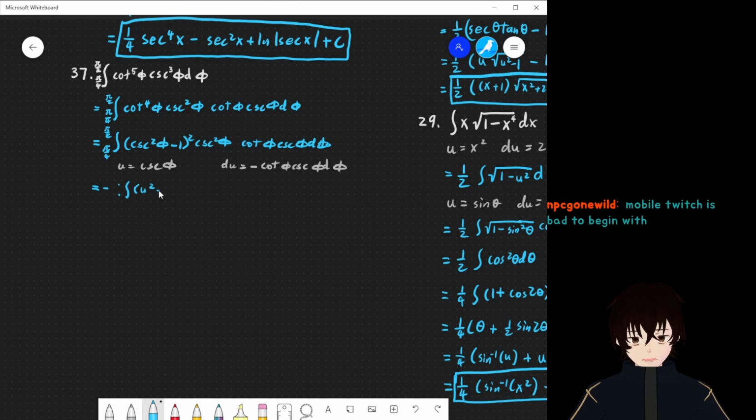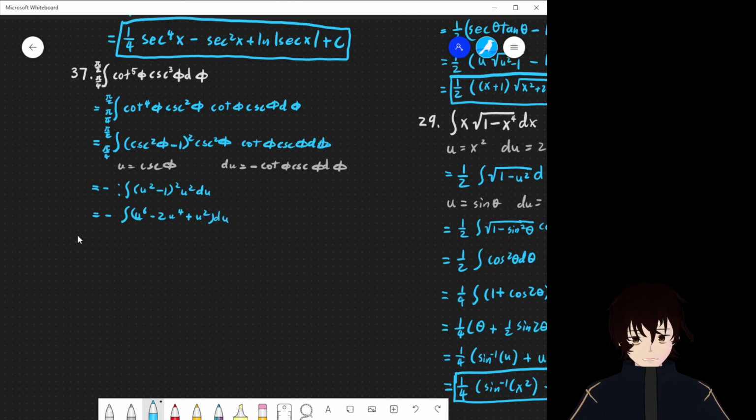Well, we got u squared minus 1 squared times u squared du. That would net us u to the power of 6 minus 2u to the power of 4 plus u squared du, which in turn turns into negative 1 over 7 u to the power of 7 plus 2 over 5 u to the power of 5, no, not plus, minus 1 over 3 u to the power of 3.